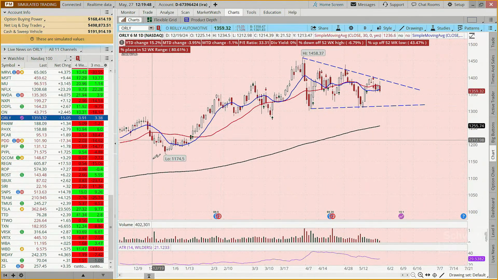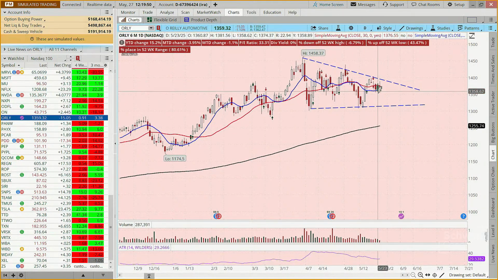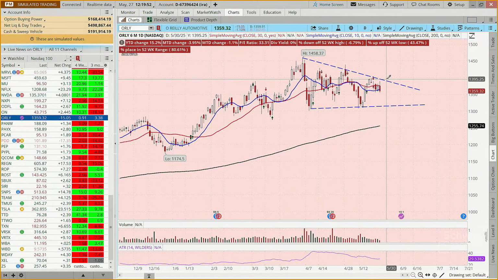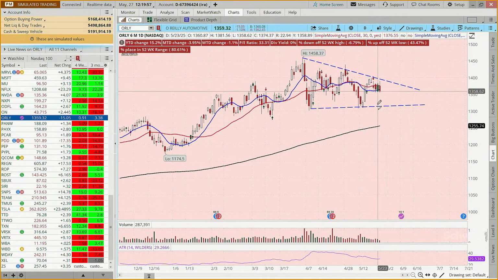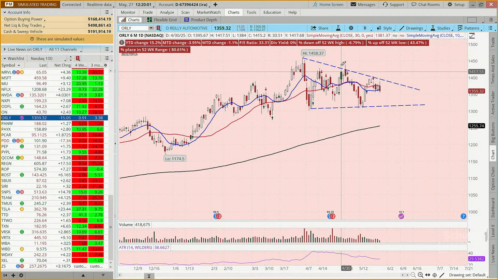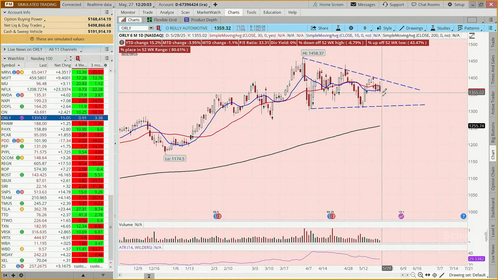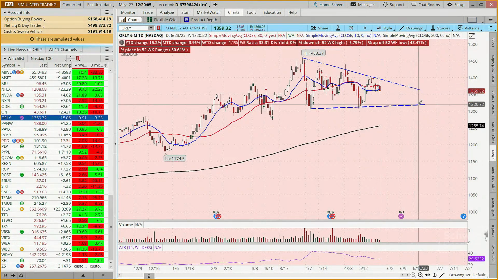When it's happening during an uptrend, the expectation might be more towards it breaking out to the upside, but a patient trader will wait for confirmation. Say, well, it's still coiling up in this range, and we'll wait and see.